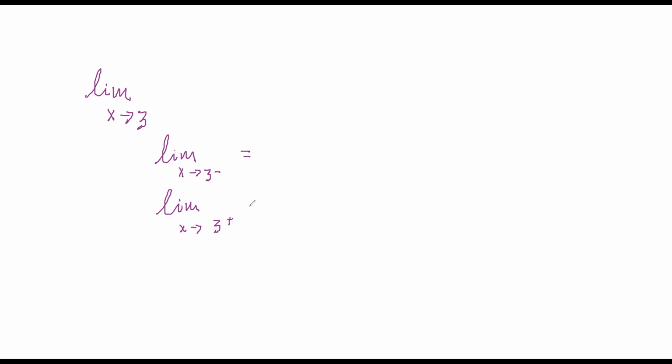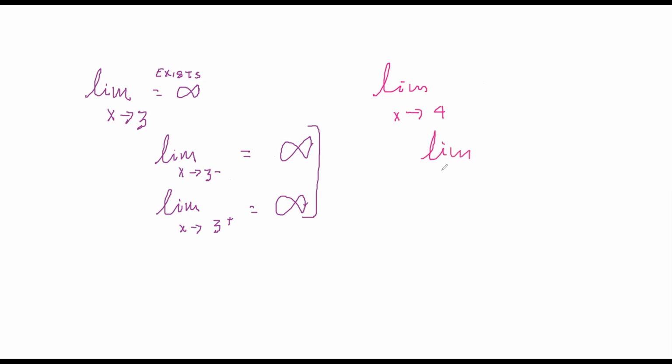But so let's hypothetically have this limit be infinity and this limit be infinity. Then this limit exists and is equal to infinity because both of its subparts are the case. So here we have this different problem. We have 4 from the left.